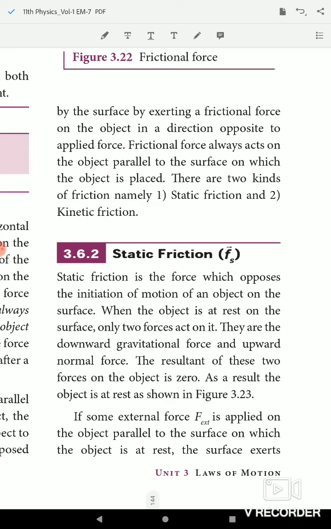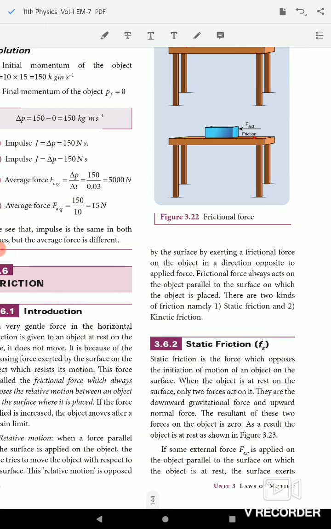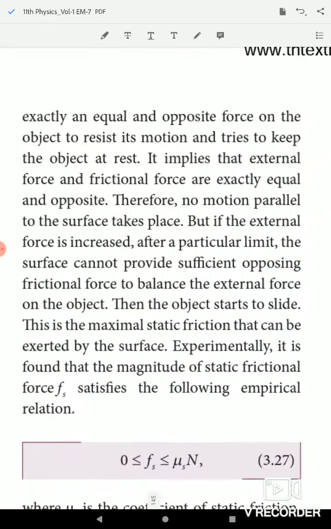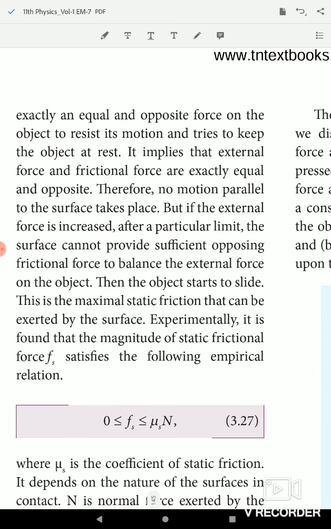So the resultant of these two forces on the object is 0. The upward normal force and downward gravitational force are equal, so the body stays at rest. If some external force is applied on the object parallel to the surface on which the object is at rest, the surface exerts an exactly equal and opposite force on the object to resist its motion and tries to keep the object at rest.